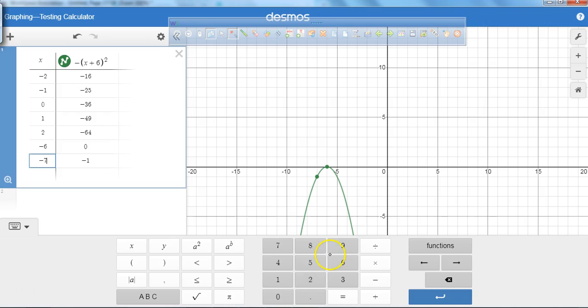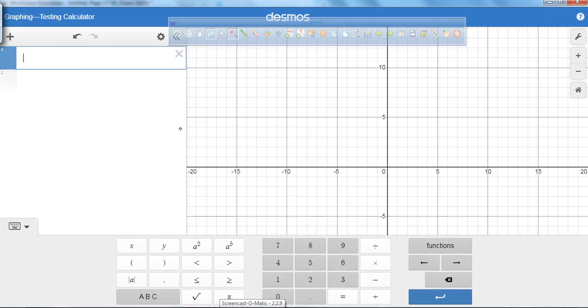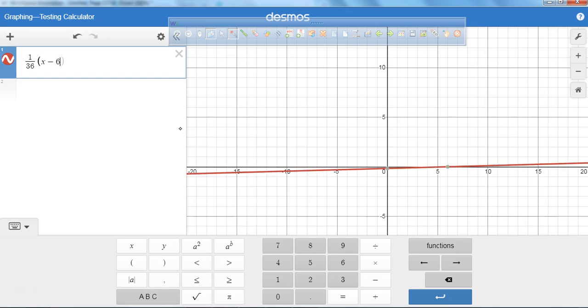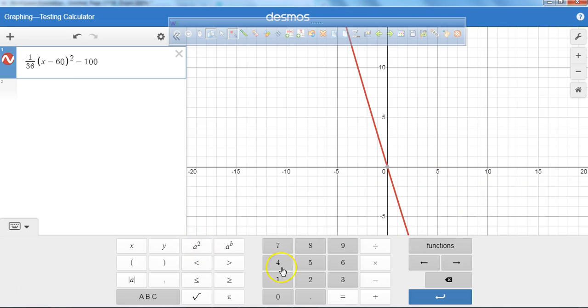Now, my suggestion, go ahead and use Desmos to help you out with these so you can see what the graph looks like. So 1 divided by 36, open parentheses, x minus 60, squared, minus 100. And you're going to have to zoom out quite a bit.